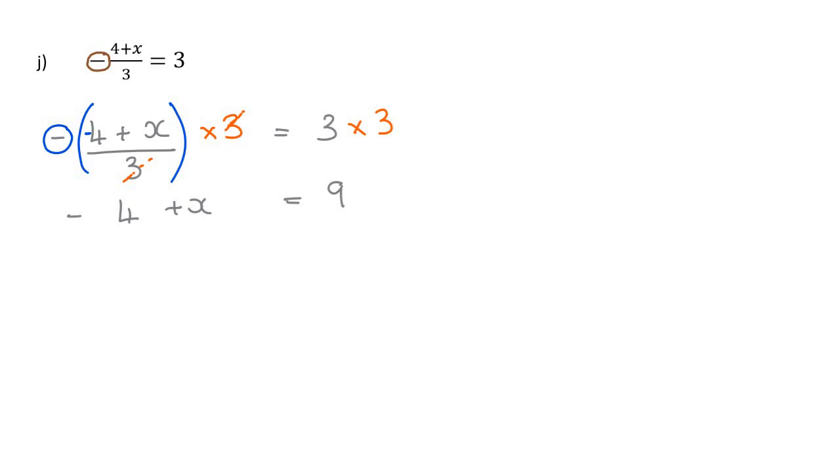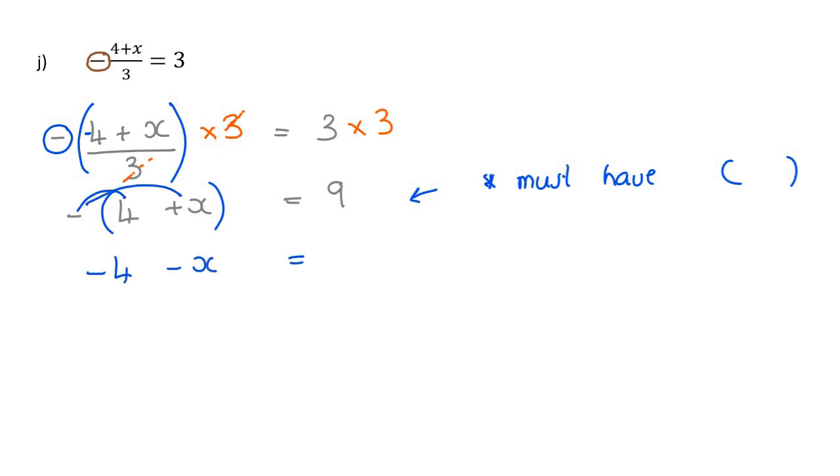Now, what I've written in my second line here is that this negative belongs to the 4. And that's not true. That negative belongs to the whole thing. It's just that the fraction is gone. So if I'm going to do this, I must have a bracket, simply because that negative belongs to that entire thing. So actually this is minus 4 minus x equals 9.